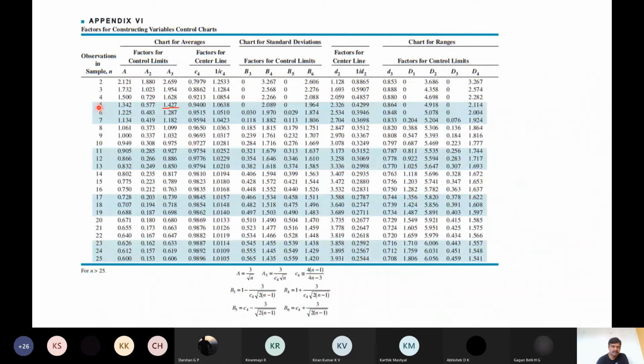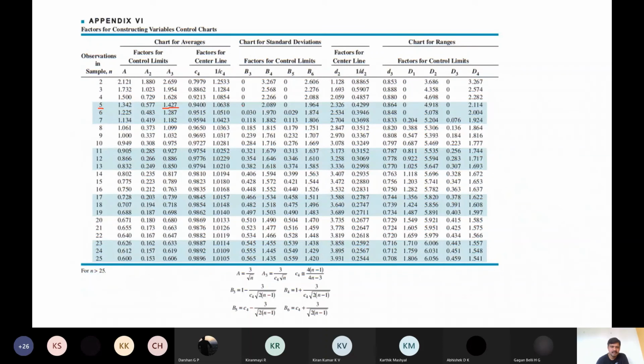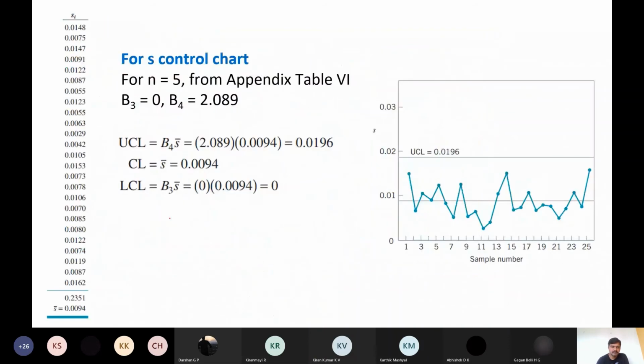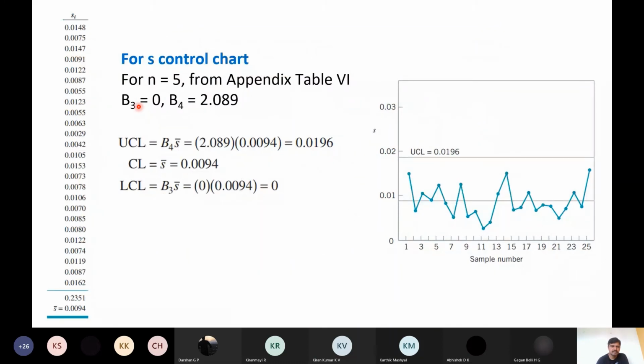For sample size 5, B3 is 0 and B4 is 2.089. Those values are substituted, and using this equation you can find the upper control limit and lower control limit.